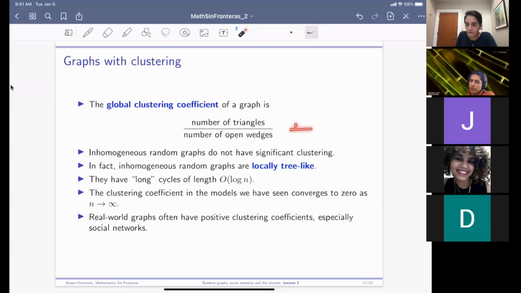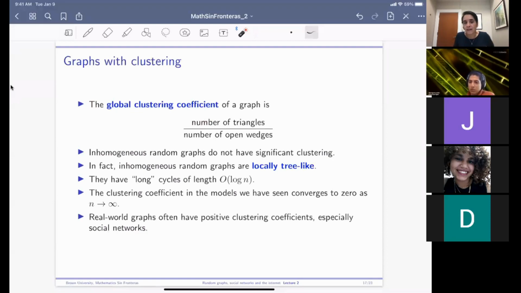This clustering coefficient usually tells me something about that cliquish structure that happens among vertices. It's a very important feature in social networks, because the way we behave as humans, often we have friends, somebody else comes into the friend group, and that new person also becomes a friend with the existing group.